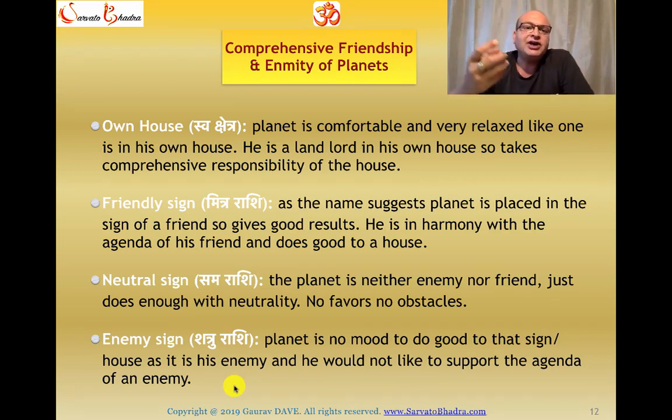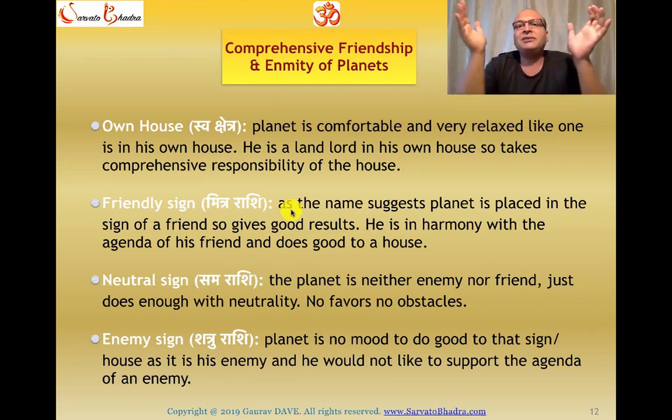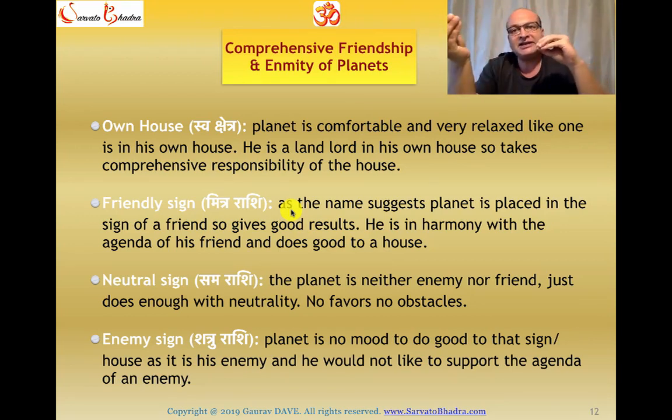Just like we human beings have chemistry of relationships with each other based on our internal makeup and some special circumstances, we have friends and enmity, and that is what we will finally be learning in this section. Graha Maitri, the derivation of it, and we will be utilizing all these states: exaltation, debilitation, mool trikona, own sign, friendly sign, neutral sign, enemy sign.